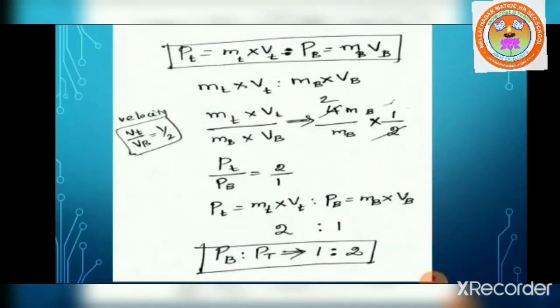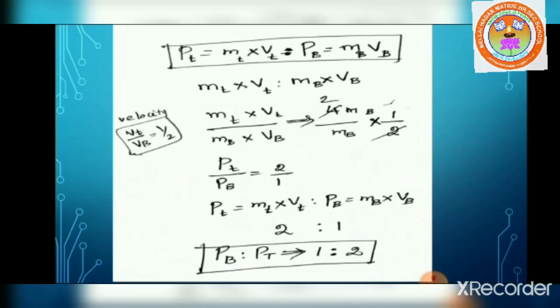The momentum formula, already we know, is P is equal to m into V. So the momentum of the truck is equal to the mass of the truck into the velocity of the truck, and the momentum of the bike is equal to the mass of the bike and the velocity of the bike. So mt into Vt is to mb into Vb.